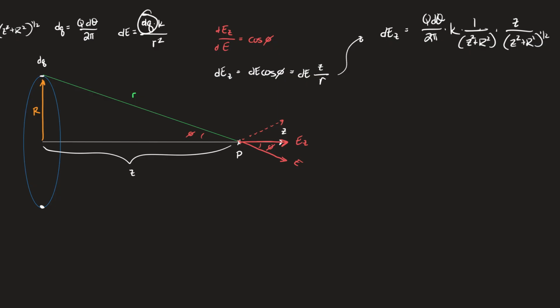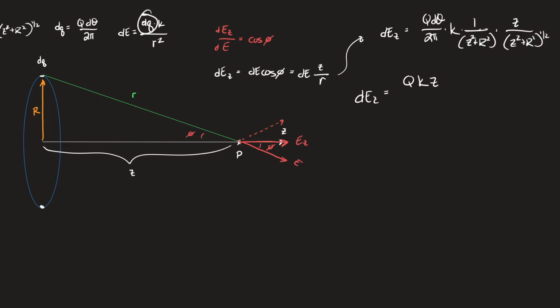Now that we're here, if I want the whole electric field, I need to integrate over the whole ring, which means integrating over all of d theta. But before I do that, let's pull all the constants together and put them in one place. q is a constant, k is a constant, z is a constant.